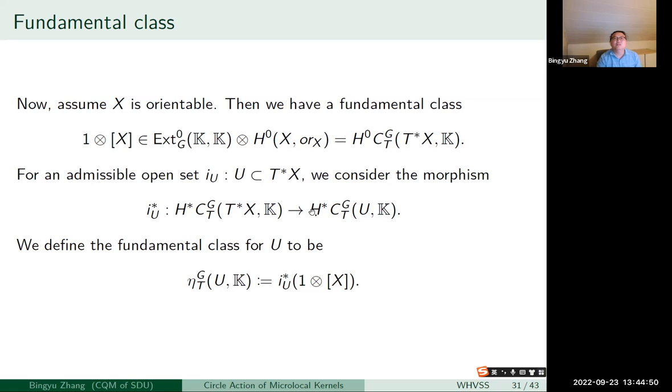Now if we assume X is orientable, we get the Euler fundamental class in H0 of the cotangent bundle, and then we use the restriction map to map it to H0 of CT U, and then we define the fundamental class of U to be the image under this restriction map.